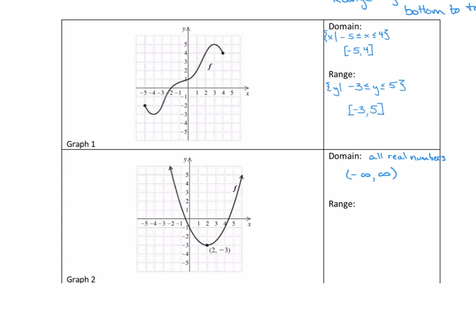All right, if we look at our range, what do we have? We have our lowest point. We do have a lowest point on this. I want my y-coordinate of this point. It is -3. And what we have here is this goes forever up, which means that y is always going to be greater than or equal to -3.